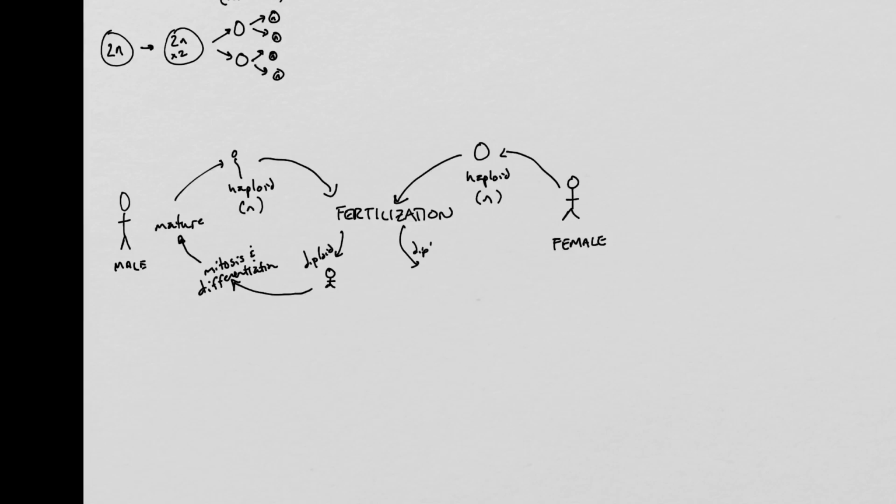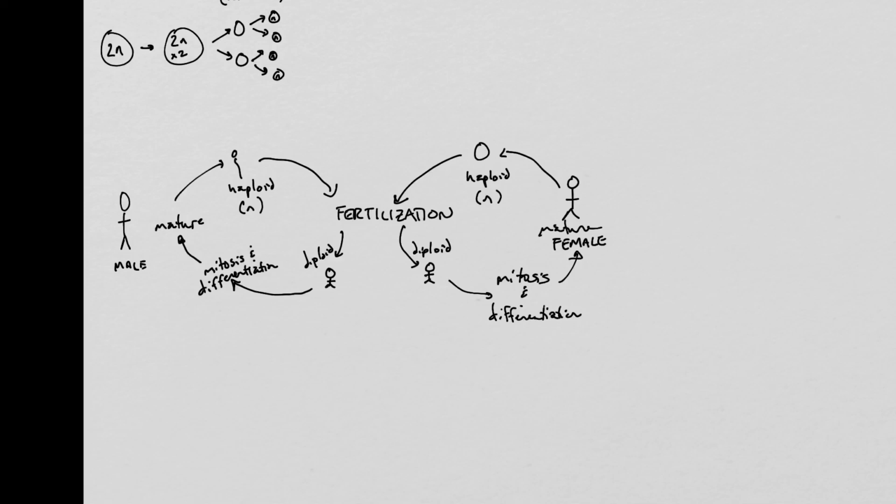You get a diploid baby with its giant head compared to its body, and then it grows and matures through meiosis and differentiation till you end up with a sexually mature female, which produces eggs that can combine with the sperm, and so on and so forth. So, you all know the story.